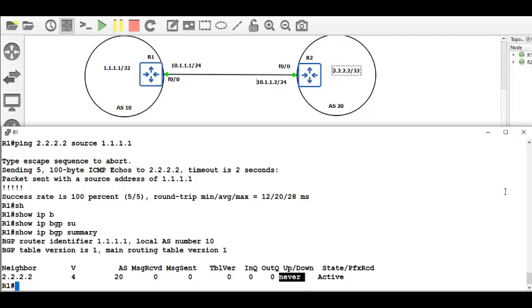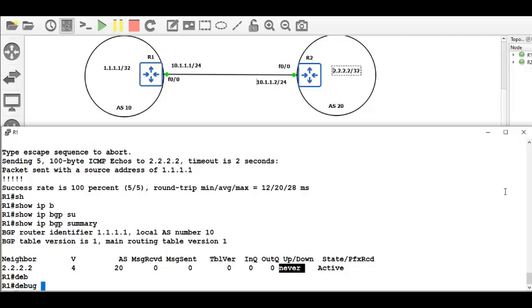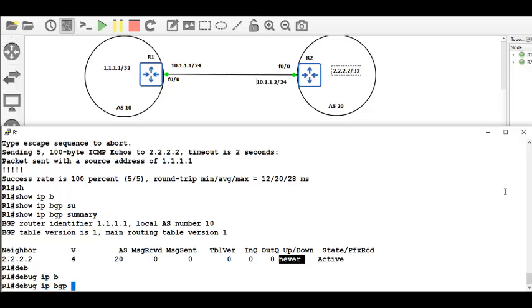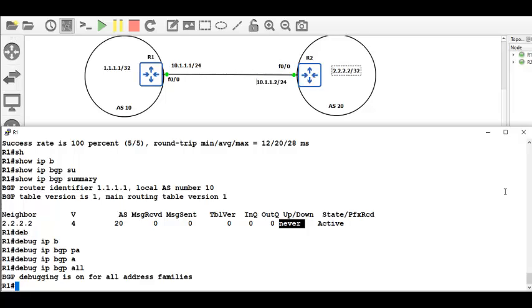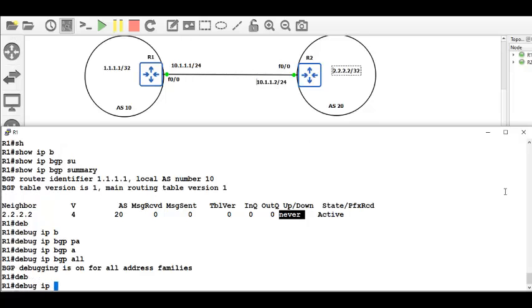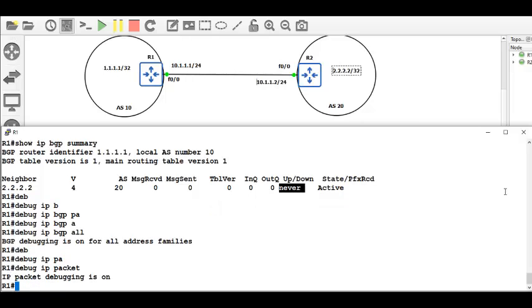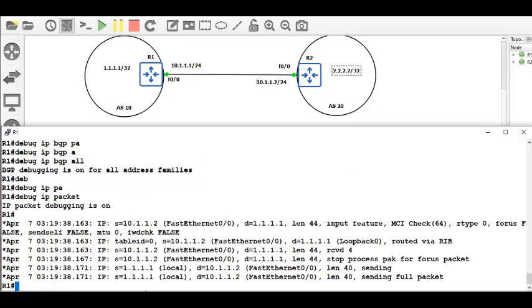If I debug and show you, you will understand why. Debug IP BGP all. Okay, now this is enough for us. Look at this.